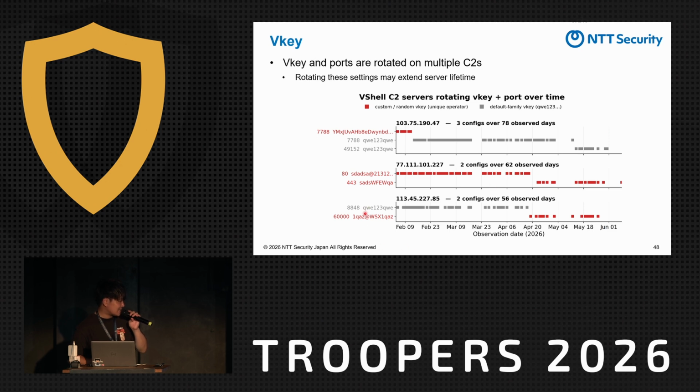And this server changes wiki values from default values to the original value. So maybe this causes the rotation or evasion, or something like a change of operators, such as the initial access broker selling this infrastructure to a consumer. So maybe it indicates something like that.